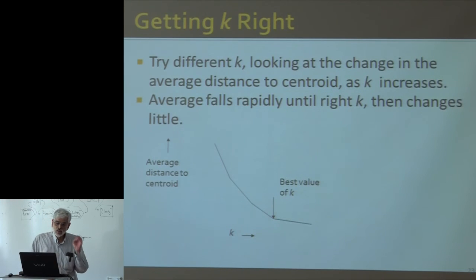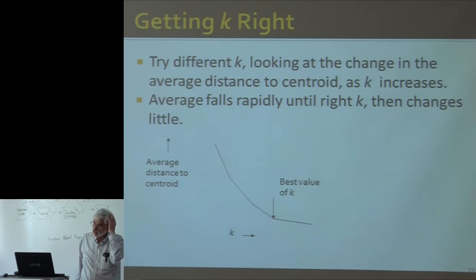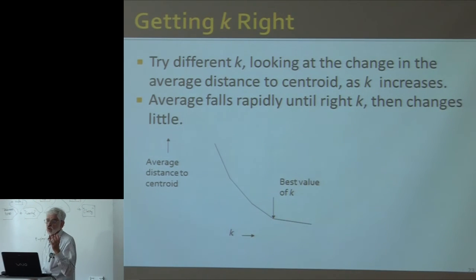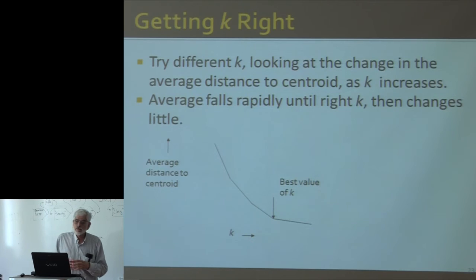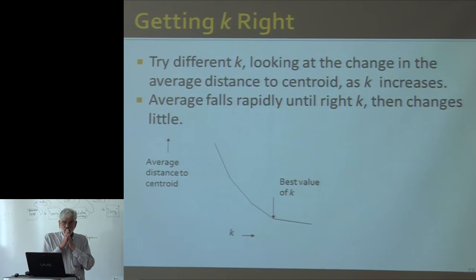Okay, so now let me just talk about this matter of how you get things right. You don't know K. So, just as in the other algorithm, when do you terminate? Does it converge? Well, yeah, because I'm not going to move the centroids anymore. I'm going to leave the centroids fixed.